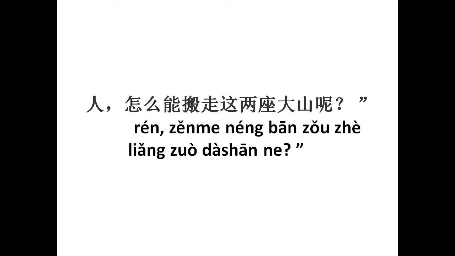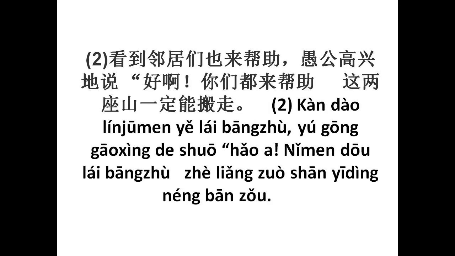Let us read the second sentence. 看到邻居们也来帮助，愚公高兴地说，好啊，你们都来帮助我们，这两座山一定能搬走。Seeing that the neighbors have also come to help, Yugong happily said, good, you have all come to help, and these two mountains can surely be moved.